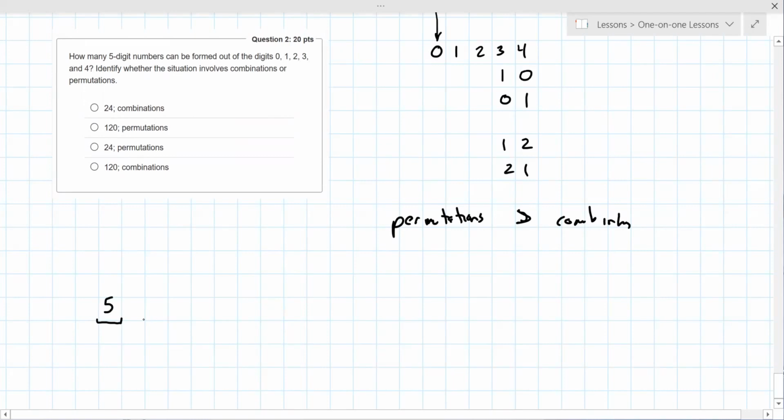Once you choose one of those numbers, you only have 4 numbers to choose from. And only then you have 3, and then 2, and then 1, and this equals 120.